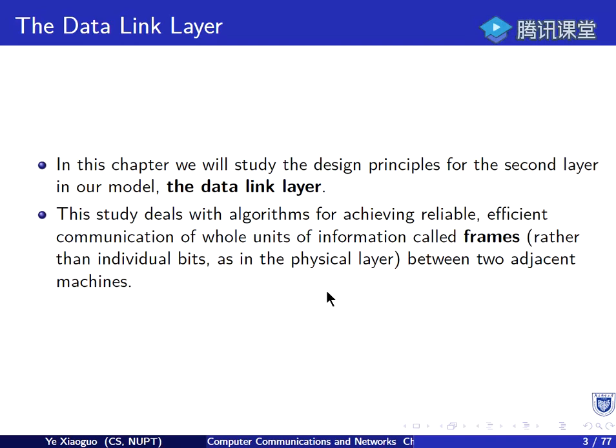This study deals with algorithms for achieving reliable, efficient communication of whole units of information called frames, rather than individual bits as in the physical layer, between two adjacent machines.